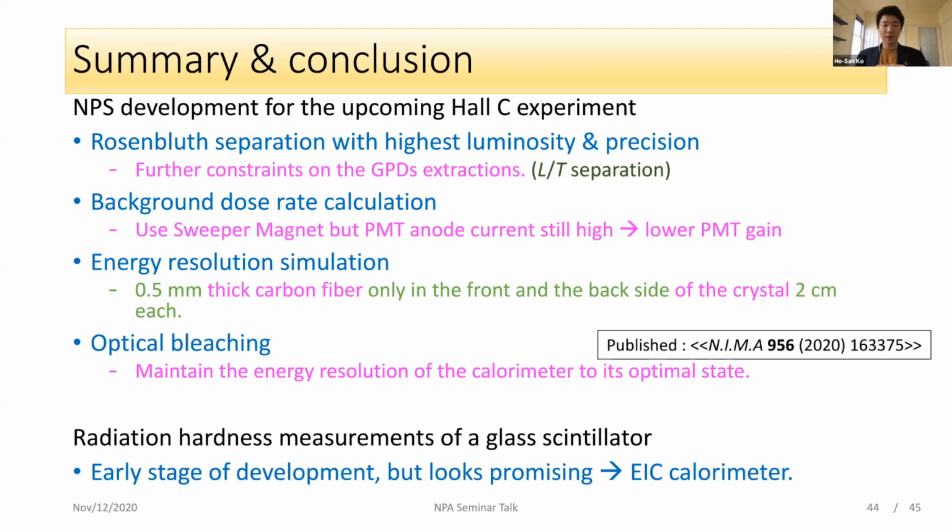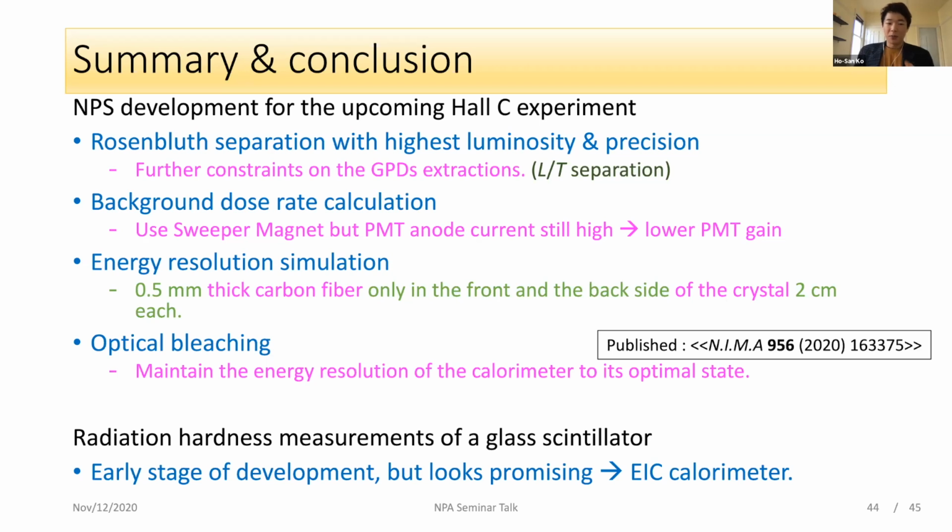And from the NPS development that I contributed to, based on the background calculations, we decided to use a lower PMT gain, and we will have the thinnest material, as little material between the crystals as possible, while keeping them in a uniform array with a carbon fiber frame.